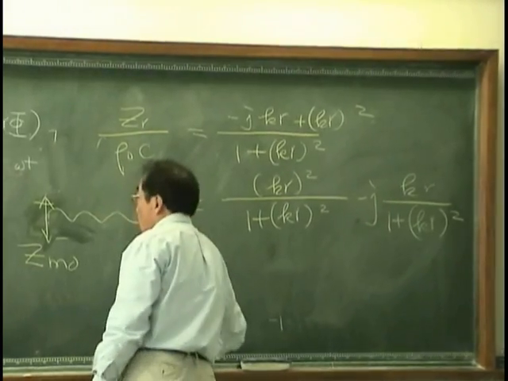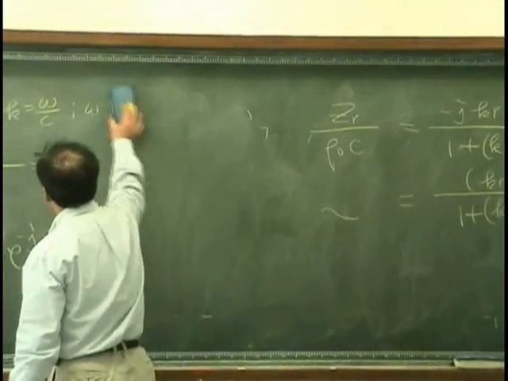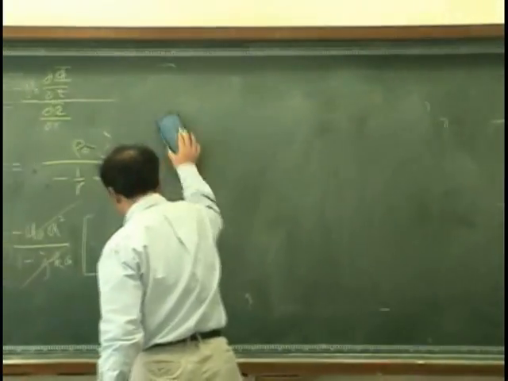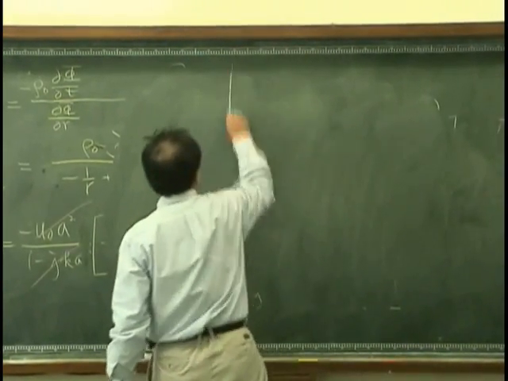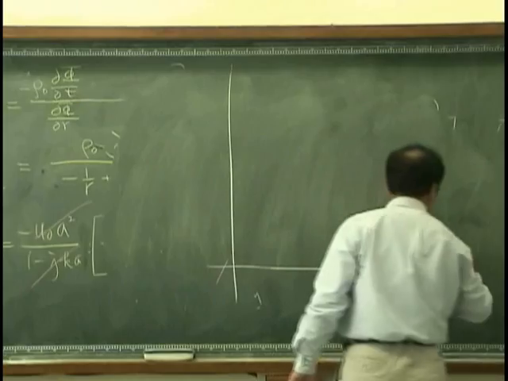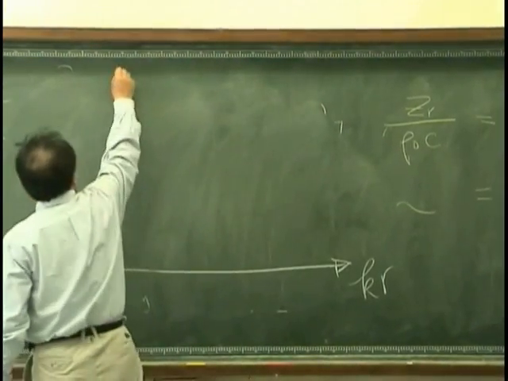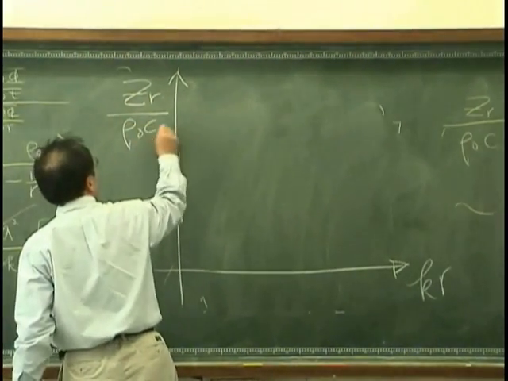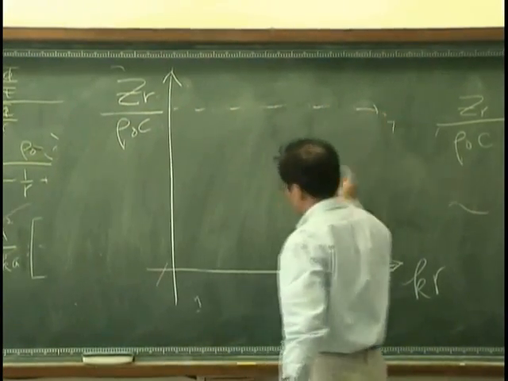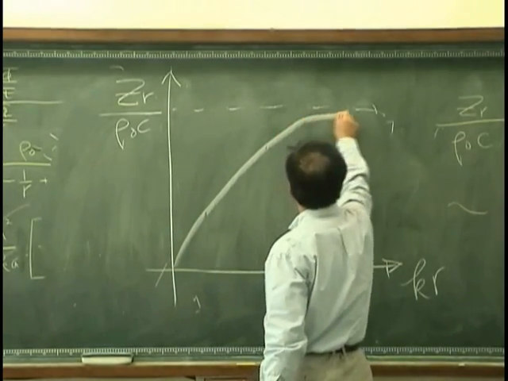So if we express those real term and imaginary term graphically, in terms of Kr, the real part looks like this.